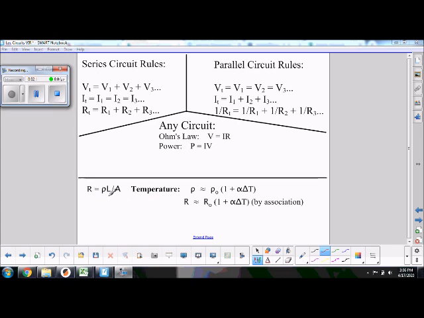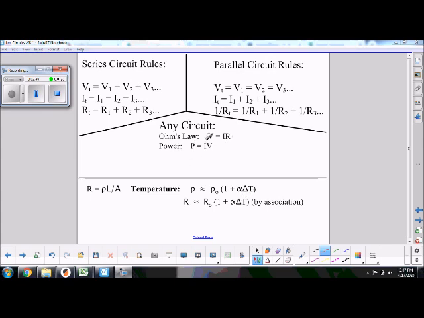Resistance of an object is the length of the object divided by the cross-sectional area of the object times the resistivity of the object. The resistivity, and thus the resistance, can be modified by this temperature equation. Remember this value with the naught here. That is the resistivity, or the resistance, at 20 degrees Celsius. Delta T is the difference in temperature above or below 20 degrees Celsius.